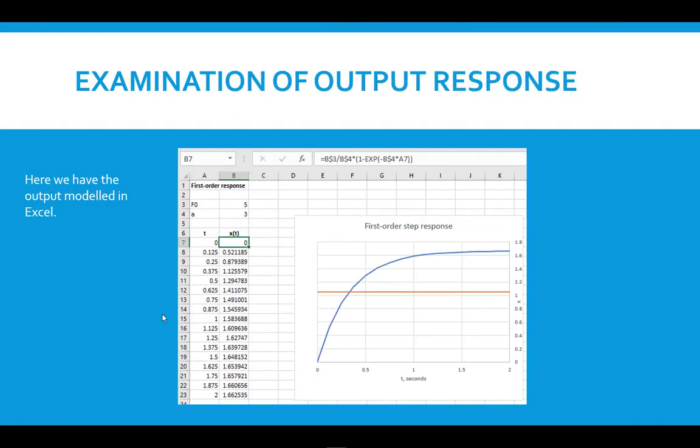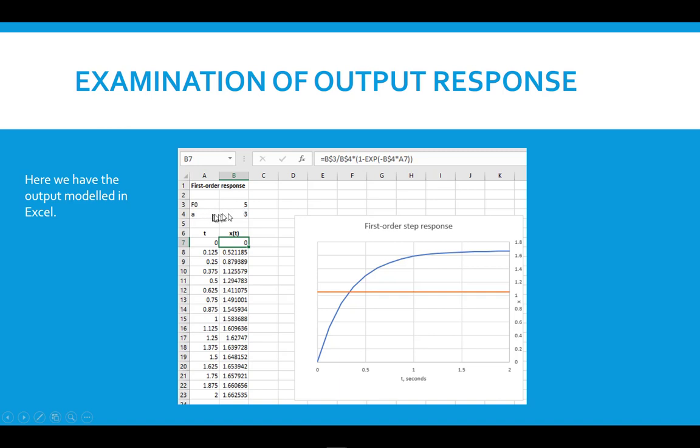Now, I actually have gotten the expression that we had for x as a function of t and plotted it in Excel. So basically here, what I've done is I've plotted it from t equals 0 to t equals 2. And simply gotten that expression, f sub 0 over a. I've picked a value for f sub 0, just said it's going to be equal to 5.